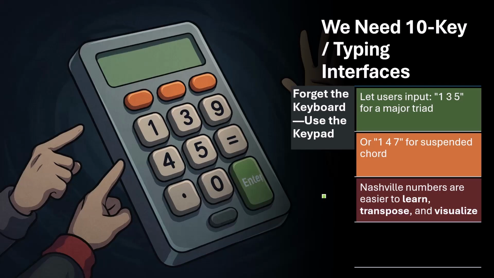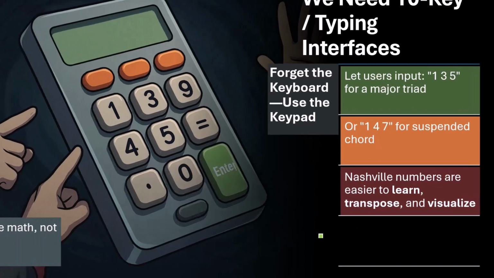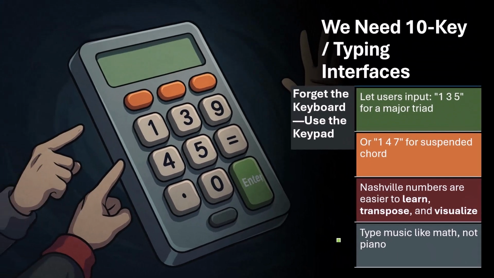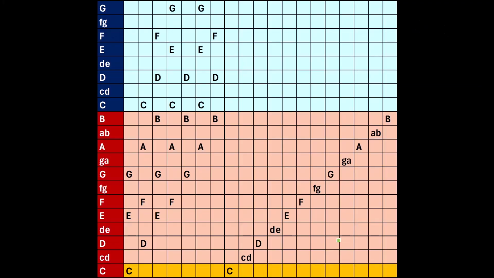We'll base it on the major scale, and then of those 7-note collections, which one is the tonic? That's going to tell you what mode you're in, and then from that point, you could just enter the data using 1 through 7, right, which represent relative position, Ionian through Locrian, and that would be the simplest, most efficient way to enter on a computer, which is what more people are doing these days. So type music like math, not a piano.